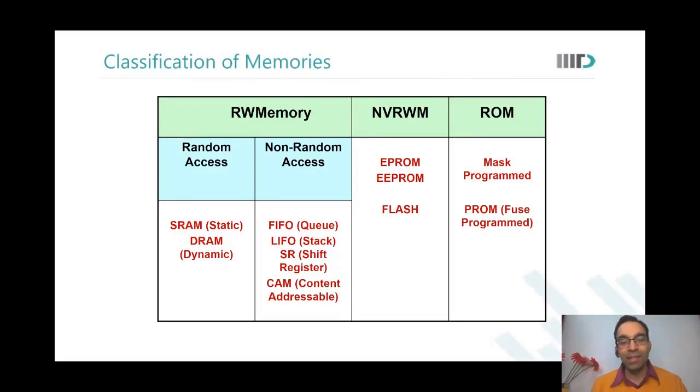For that, we need to keep some buffers. Those buffers are usually first in, first out kind of buffers: whatever data was written onto the bus first will be stored, and that will be pushed on the bus first. So that is first in, first out.